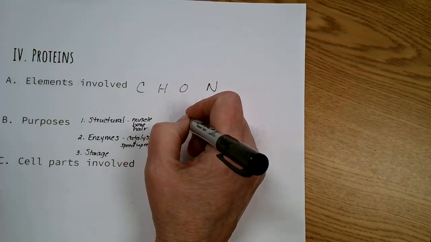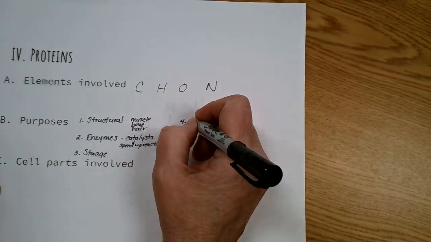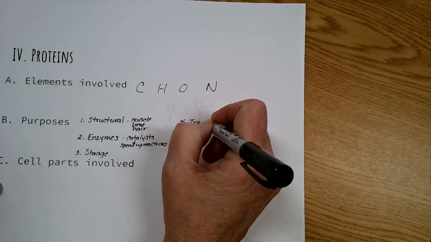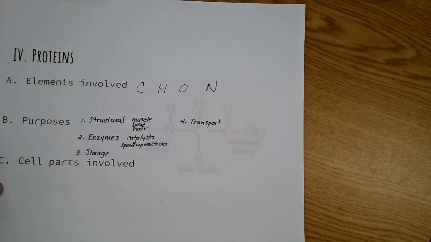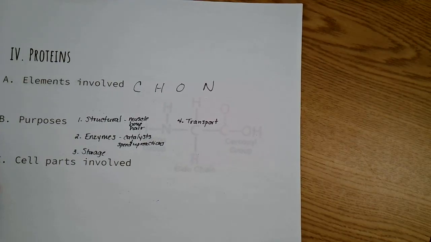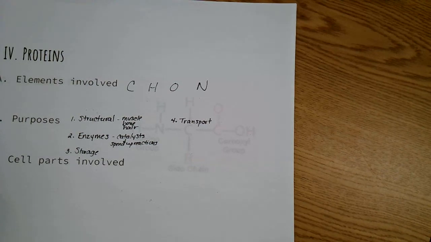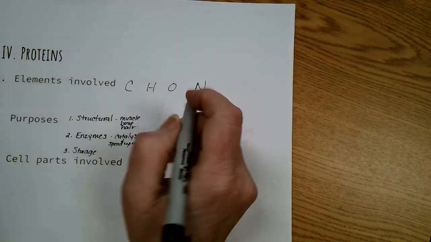Another function of proteins is for transport. We're going to see where proteins are also in the cell membrane. We do have a lot of those phospholipids that make up the barrier, but those phospholipids are speckled with proteins, and those proteins are going to be responsible for controlling what goes in and out of a cell, so for transport.